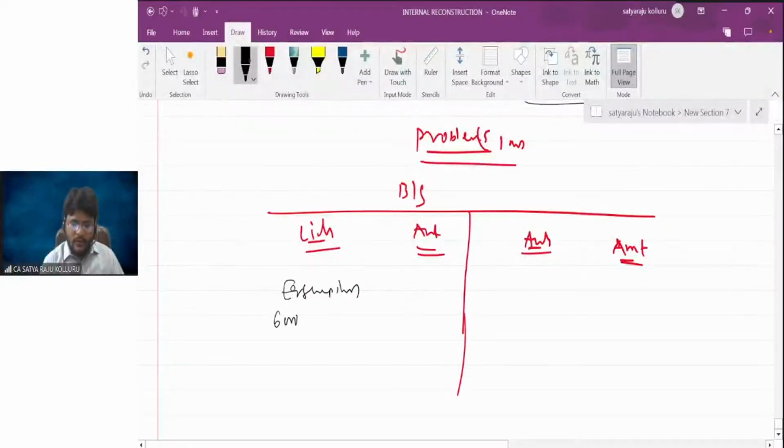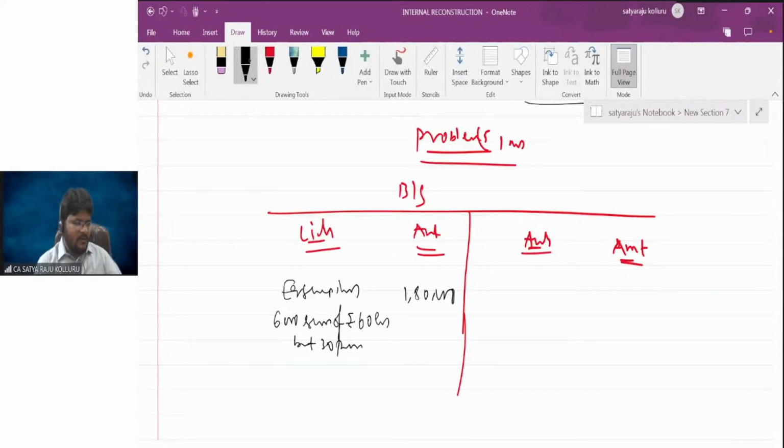6,000 shares of rupees 60 each, 30 paid up. 6,000 into 30 means how much here? That is 1,80,000. Next, first debentures, which is a liability. First debentures given at 3 lakhs.